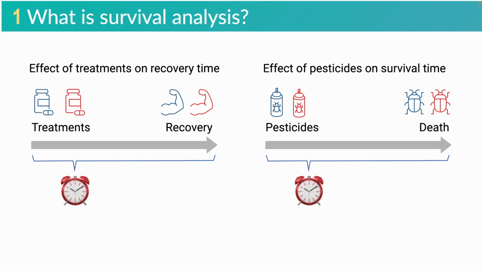Or you may be interested in examining the effect of pesticide types on the survival time of an insect. Now, you know what survival analysis is. Next section, we will learn an important aspect of survival analysis, that is censored data.